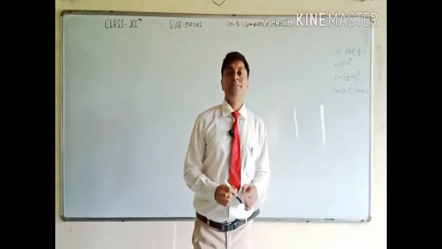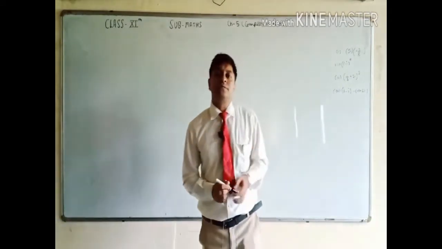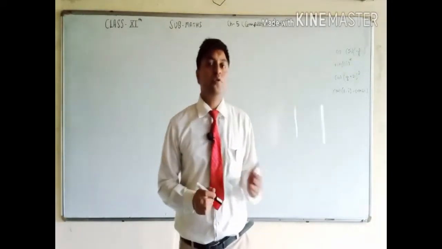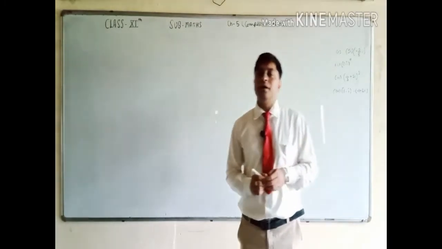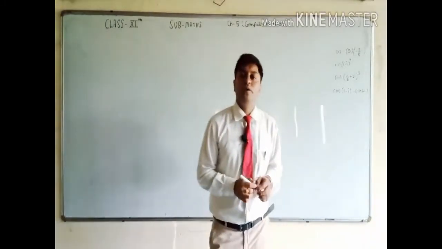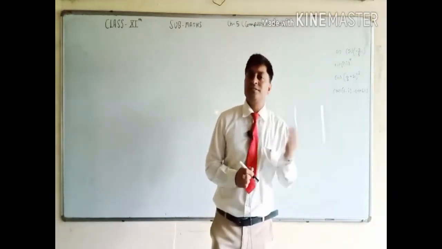Hello students, now in this class we have many questions of exercise 5.1. We know that exercise number 5.1 is the complex number, and complex number is the combined form of real and imaginary number. Now let me start with some examples.